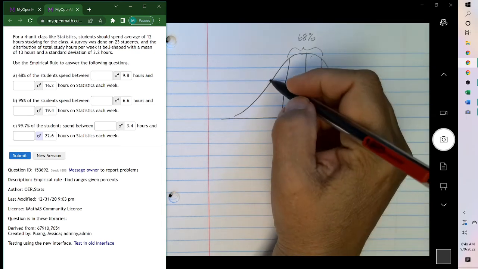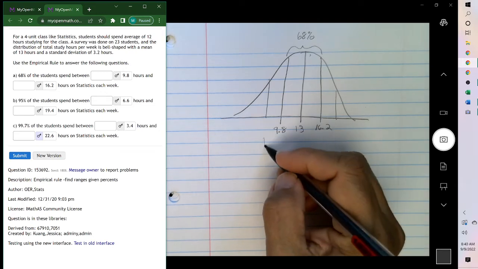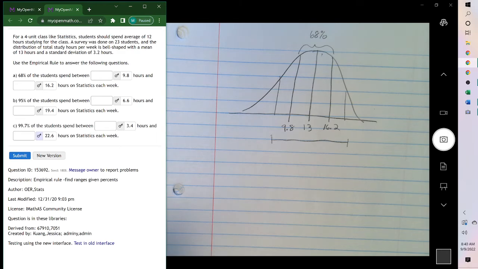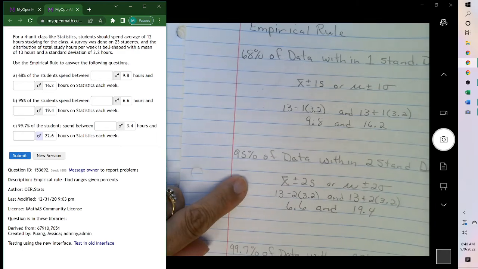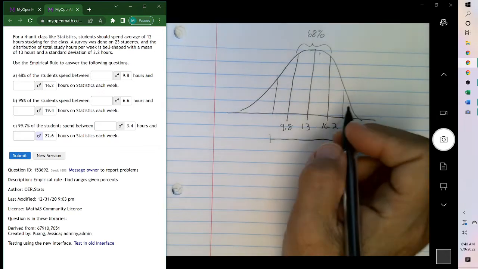If we go another one, from here to here is 95% of our data, and the values are 6.6 and 19.4.